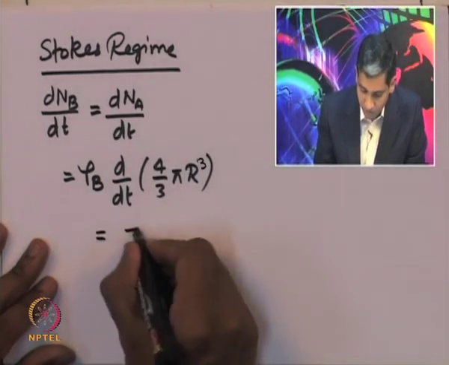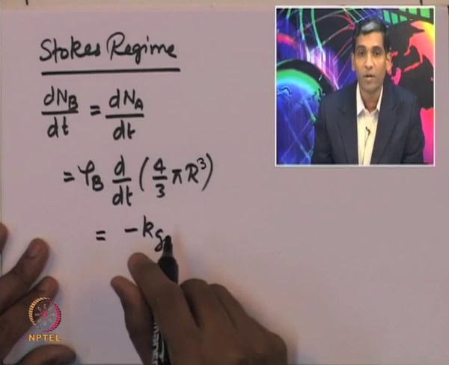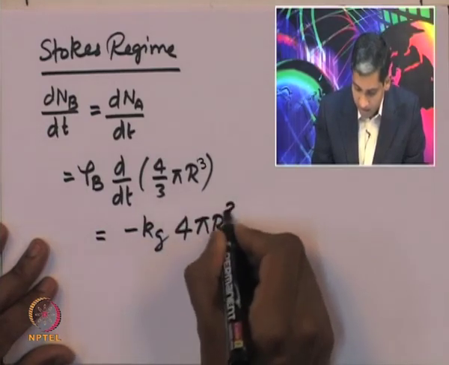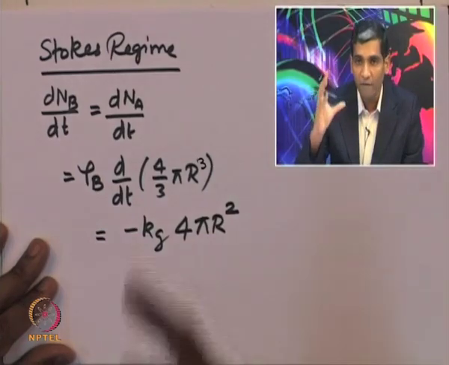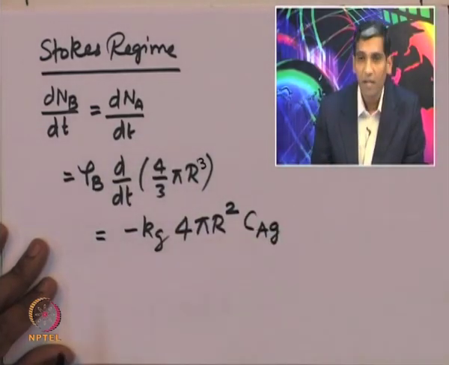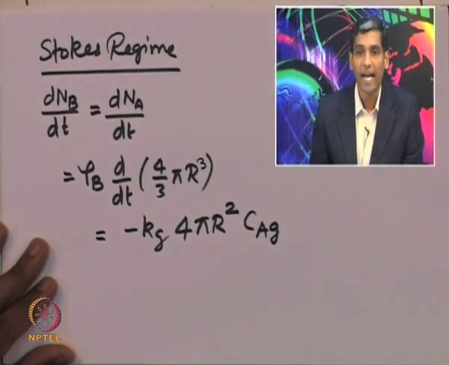That should be equal to minus kg, the mass transport coefficient, multiplied by the surface area of the unreacted core, multiplied by the concentration of the reactant species in the bulk gas phase.